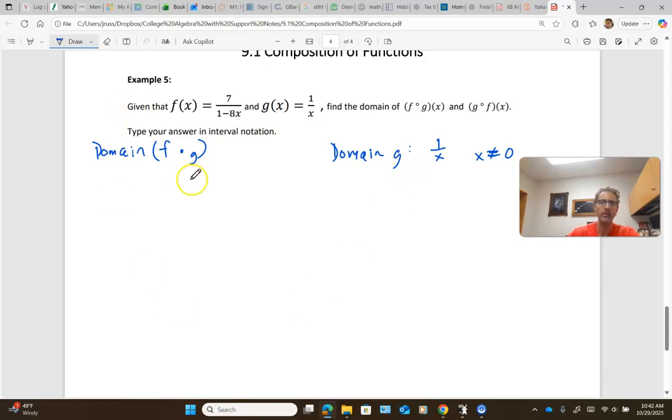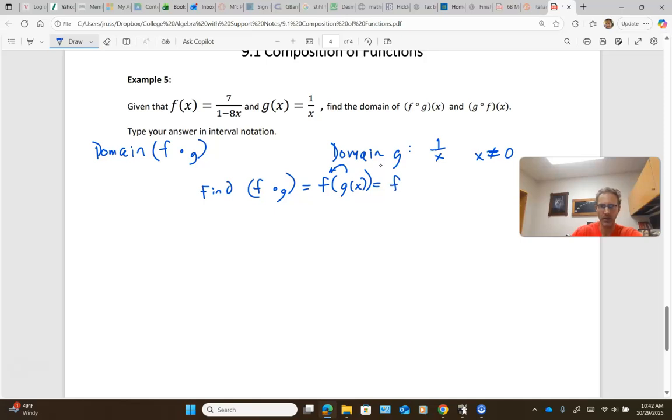Now what we need to do is actually find the composition and see if there are any more restrictions. So we are going to find f composed of g, which is equal to f of g of x. In other words, we're plugging g into f.